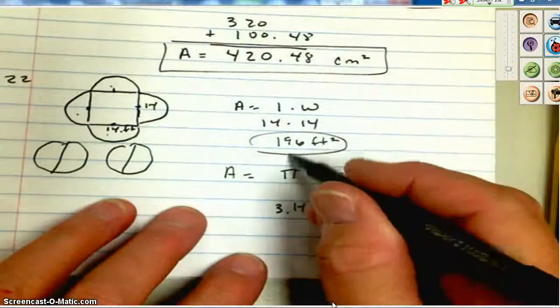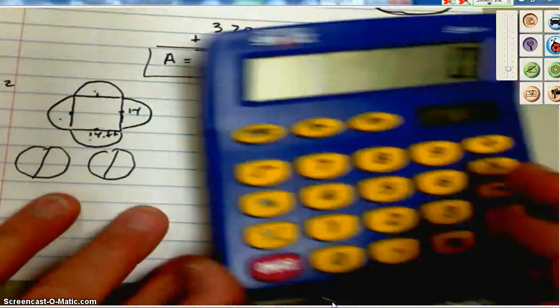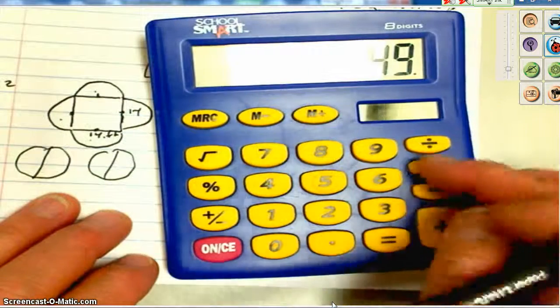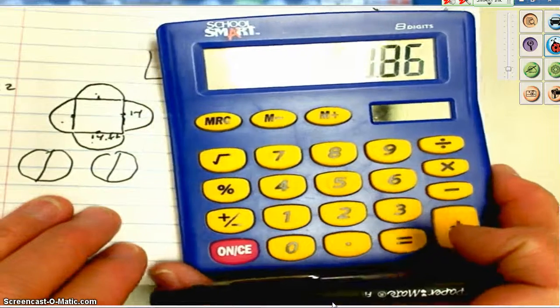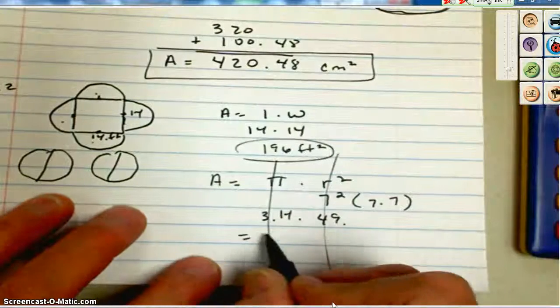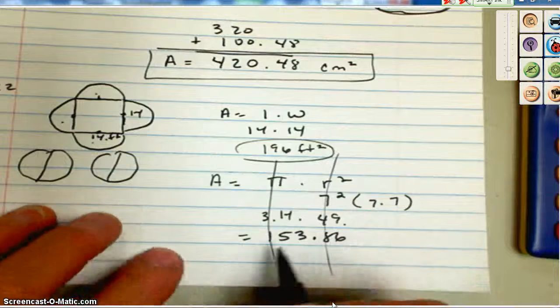And notice how everything is straight up and down. Everything goes right, kind of like a flow chart, if you will. So we have 49 times 3.14, which is equal to 153.86. Now that's the area of one circle.